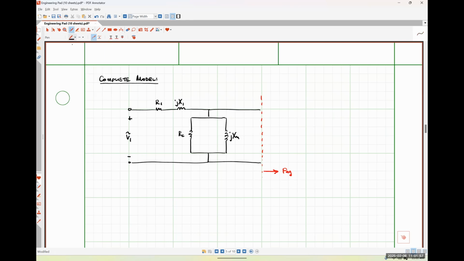And now I'm putting my rotor bit on here. So we're going to have our rotor reactance, and we are going to have our rotor resistance, and I'm splitting these up into two different parts, and we'll talk about what that is in just a second.